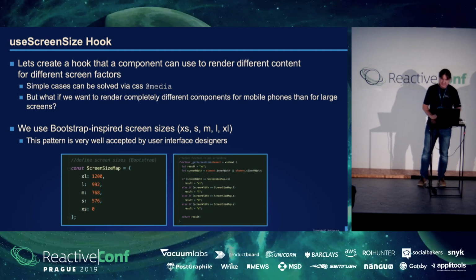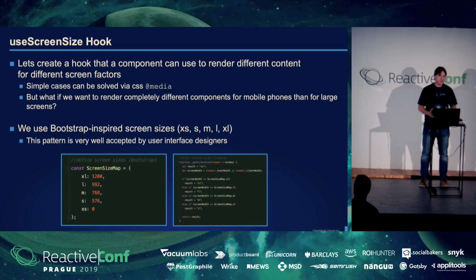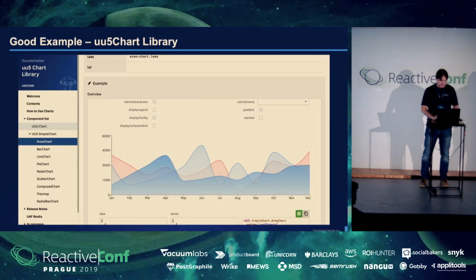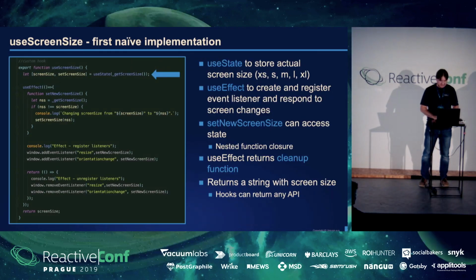There's a basic helper function which will check, depending on the element, by default the browser window, what the screen size actually is, and will return a string containing XS or something else. And we will implement a hook which a screen-size-sensitive component can take, and which will tell it anytime the screen factor changes.